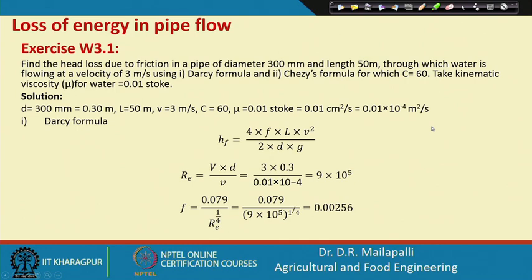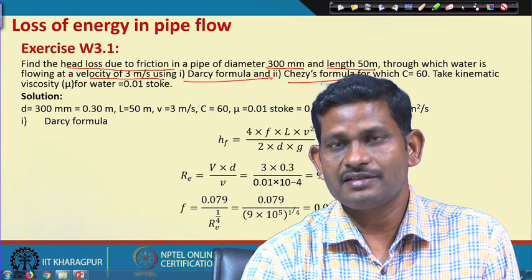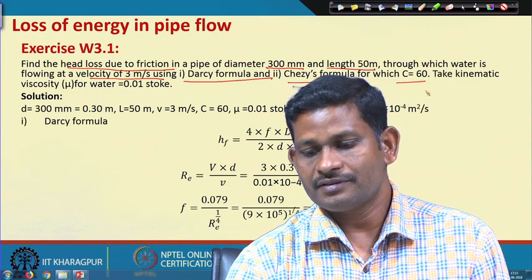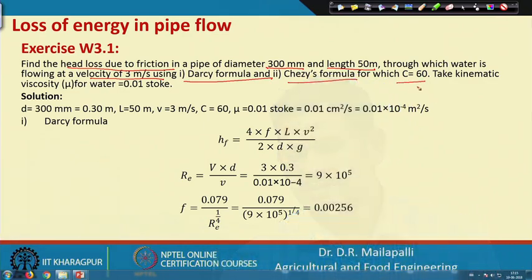Now let us do an example based on the energy of pipe flow, friction head losses. Find the head loss due to friction in a pipe. The diameter and the length of the pipe are given, through which water is flowing at a velocity of 3 meters per second. Use Darcy's formula and Chezy's formula, for which C equals 60, the Chezy's coefficient, and take kinematic viscosity nu as 0.01 Stokes.